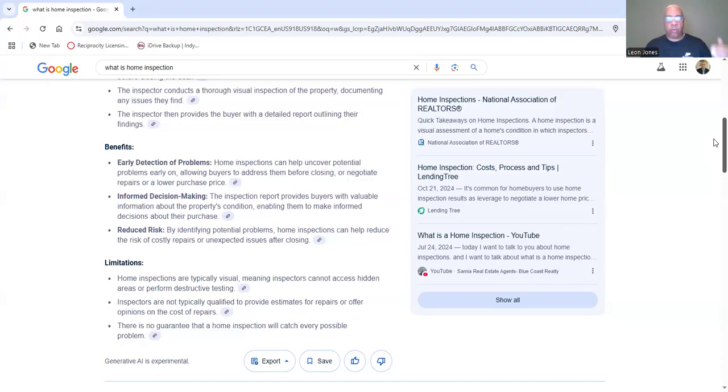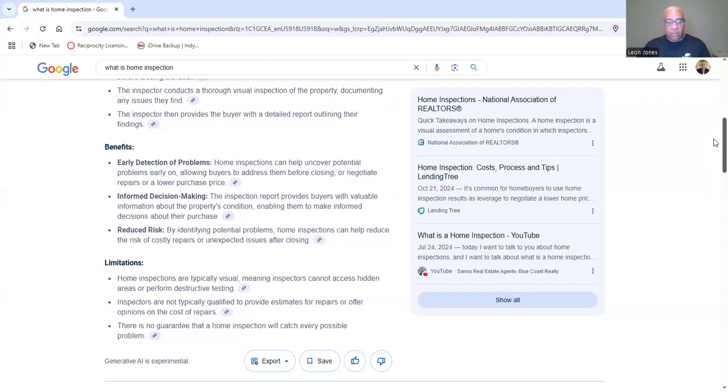And again, that inspection report provides buyers with valuable information about the property's condition, enabling them to make an informed decision about their purchase. And there is also a reduced risk, and that's by identifying potential problems. Home inspectors can help reduce the risk of costly repairs or unexpected issues after closing.